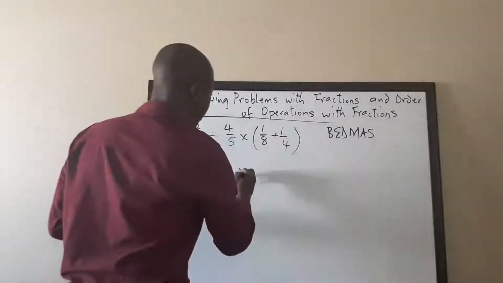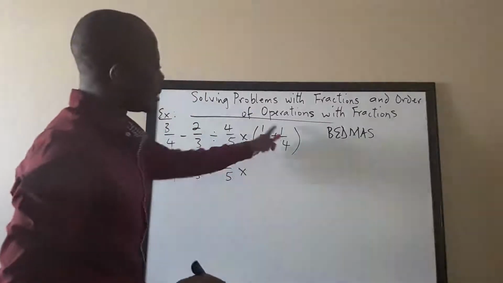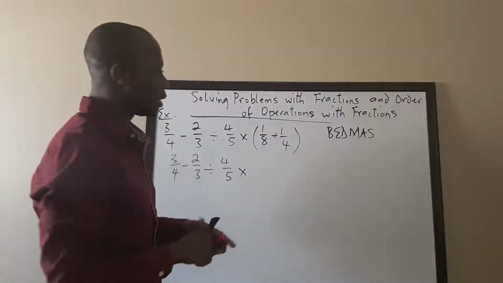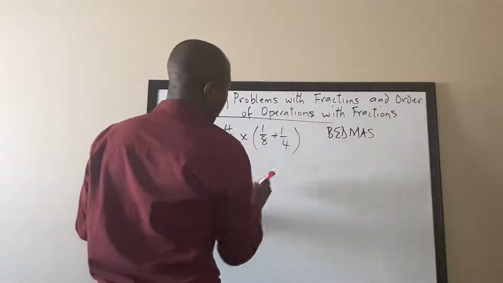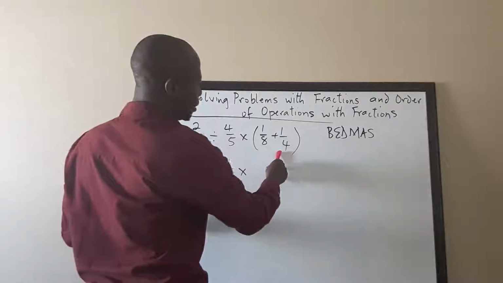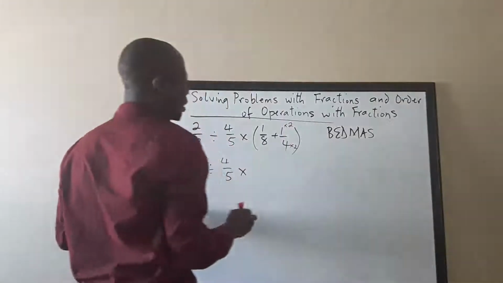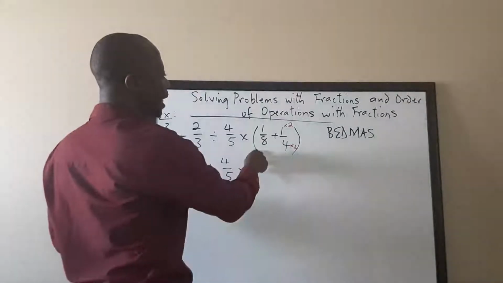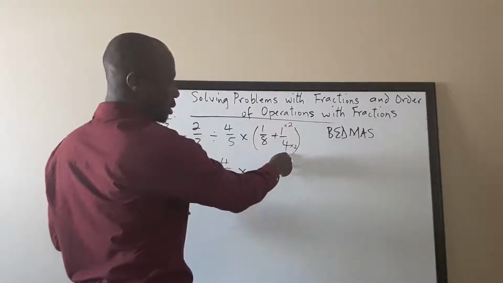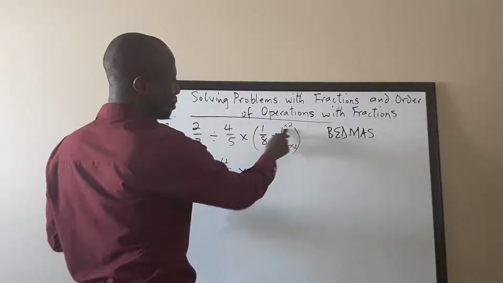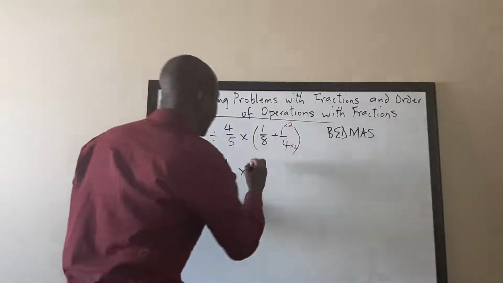And then times. So I'm going to do this all together here. So here, I want to have the same denominator. So I'm going to do times 2 and times 2 here. So I'm going to have 1 over 8 plus 2 over 8. So that's 3 over 8.